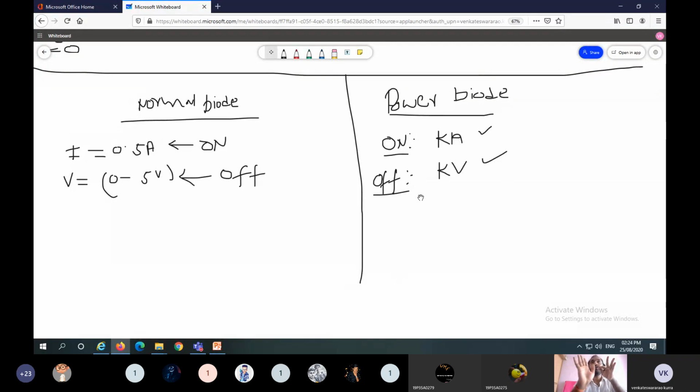The off state or blocking voltage of the device depends on the width of the depletion layer. Suppose you take a diode, the off state blocking voltage depends on the width of the depletion layer and the charge carrier density.